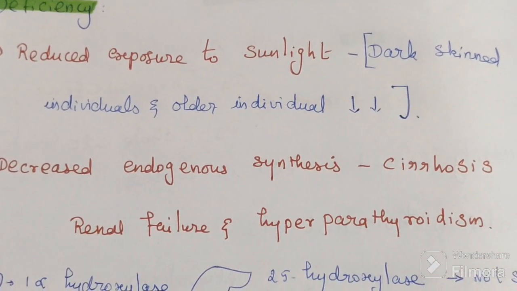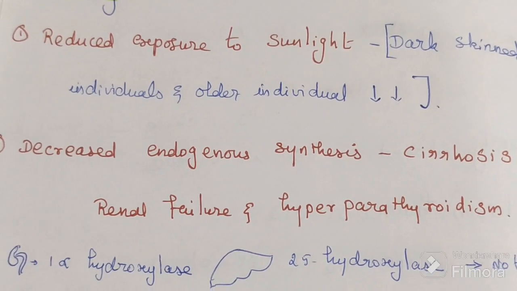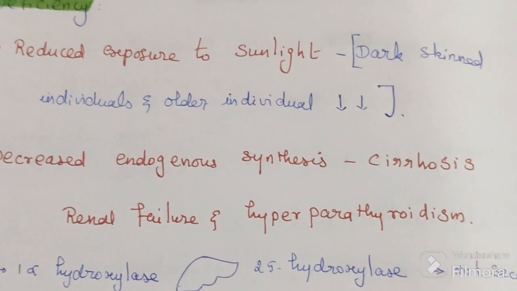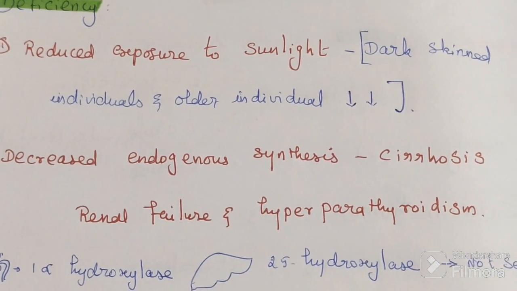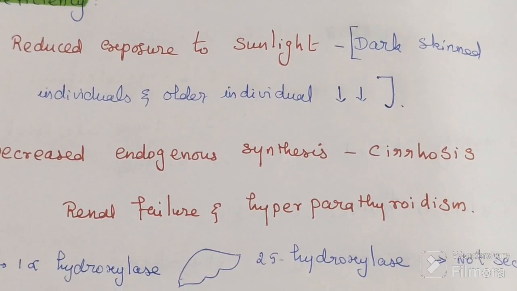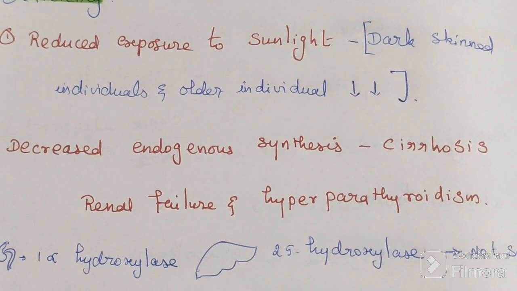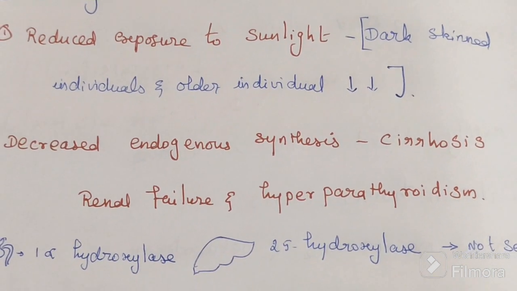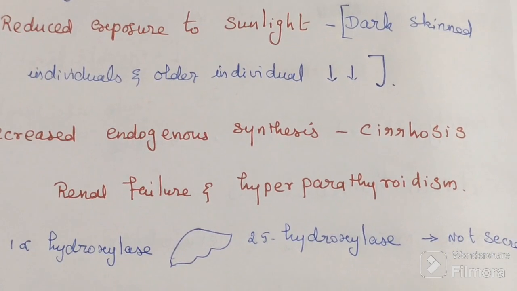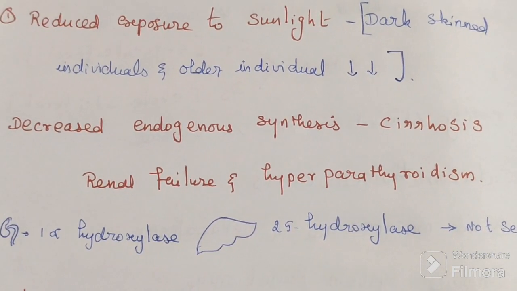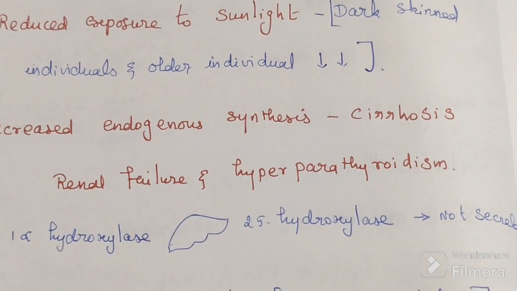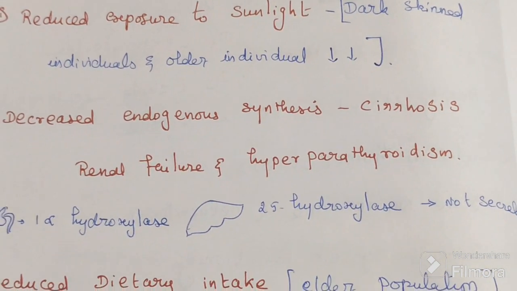Next, deficiency. Deficiency is mainly caused by reduced exposure to sunlight. Mainly dark skinned individuals and older individuals also have a reduced ability to absorb vitamin D. Another category of causes is decreased endogenous synthesis because of cirrhosis, renal failure, hyperparathyroidism.